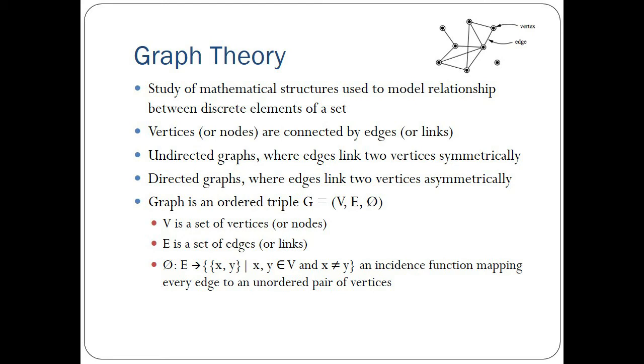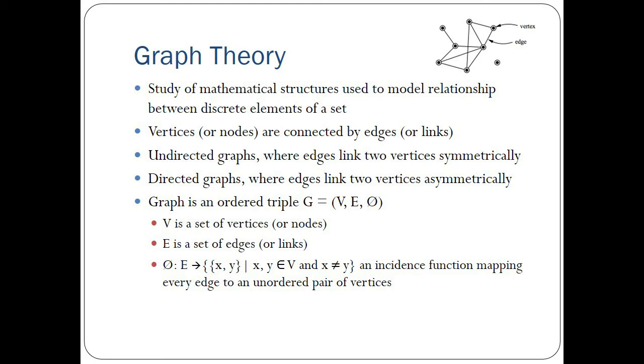There are basically two types of graphs: undirected graphs and directed graphs. In undirected graphs, the edges link two vertices symmetrically. So in an undirected graph there's no direction, and both vertices are connected symmetrically, meaning they both have equal representation by the vertex connections.